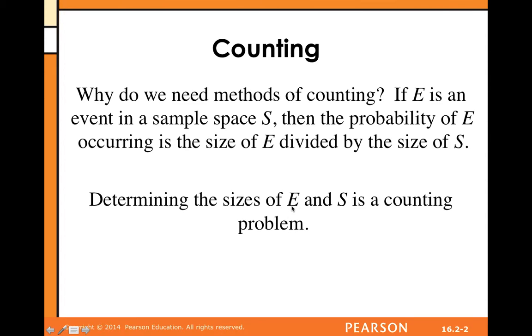You need to know the size of E. And you also need to know the size of S, the universe in which E lives. So calculating a probability, which you will start doing in the next section, boils down to being able to count. If you can't count, you cannot calculate probabilities. So that's why this section is dedicated to three different ways of counting things. It's necessary to be able to calculate probabilities.